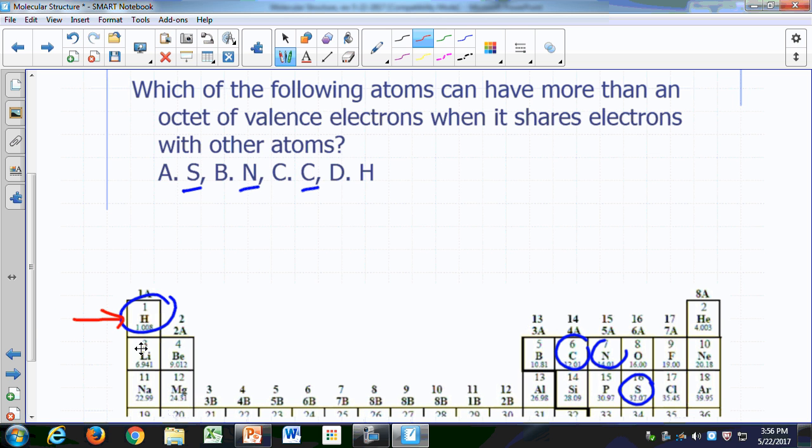So row number 1, the most you can have is 2 electrons. So hydrogen has to have a duet, max. Carbon and nitrogen, the maximum they can have around them would be 8 electrons. They cannot exceed the octet. And then sulfur is the correct answer. It can have an expanded octet.